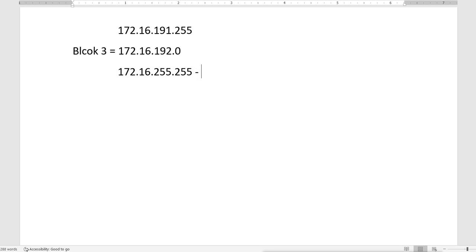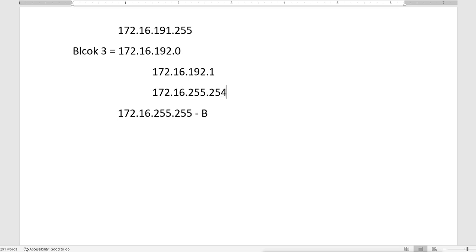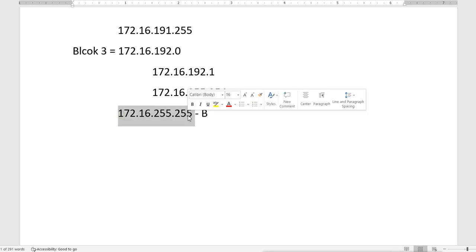This will be the broadcast IP, and the usable IPs will be 172.16.192.1 to 172.16.255.254. So this will be the last block. So we have 4 blocks, block 0 to block 3, and then we can see all the IPs are now finished.